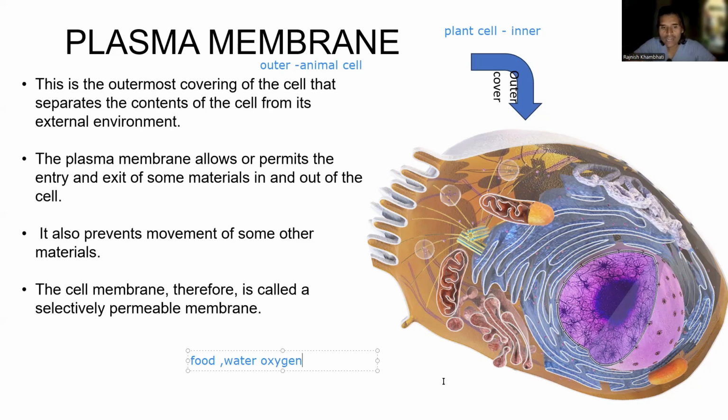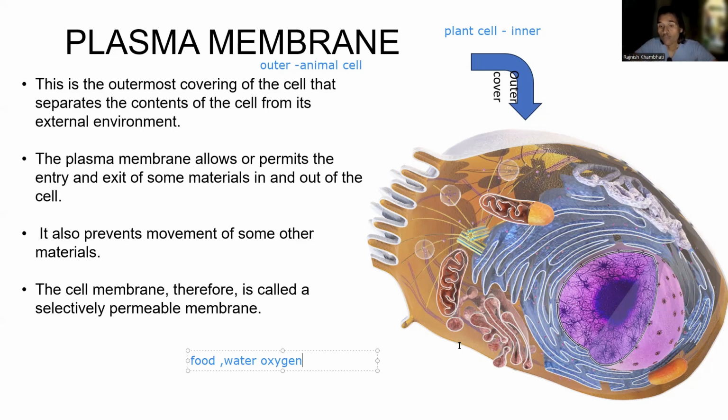The cell requires food, water, oxygen, which is not there inside the cell. That is why food, water, oxygen should be going inside the cell. The cell will take this from outside. What if the plasma membrane does not allow these? So this material must enter, and the plasma membrane will allow these materials.